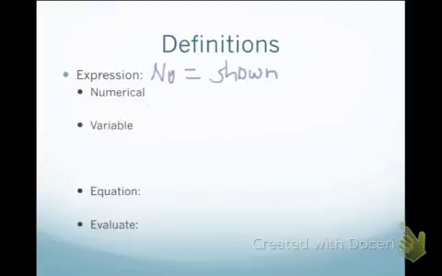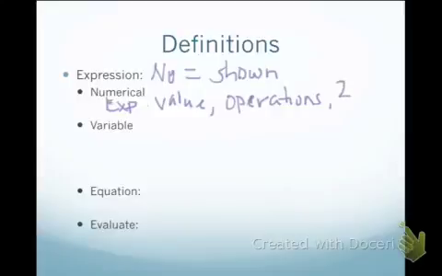Our numerical expression, which I'll just abbreviate here as EXP, is values, so numbers that we just learned about, and operations such as add, subtract, multiply, divide, all of those will come into place, but there still will be no equal sign shown. So a numerical expression can be as simple as 2 plus 3. That's what a numerical expression is. Again, we might add in ourselves what the equal sign is, but it's not there initially.